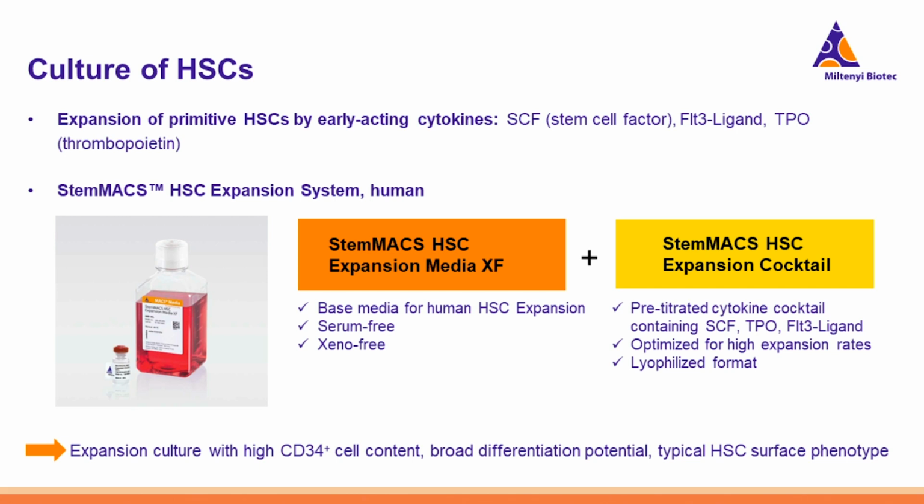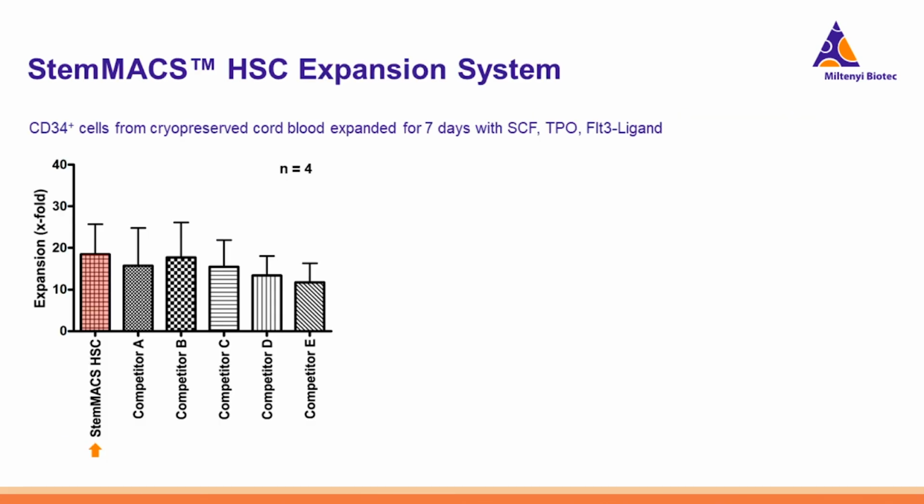Our StemMax HSC expansion system ensures high levels of CD34+ cells with a broad differentiation potential and the characteristic surface phenotype of early HSCs. Let's have a closer look at the expansion rate and the CD34+ cell count. In this experiment, CD34+ cells were isolated from cryopreserved cord blood using the CD34 microbead kit. Then the CD34+ cells were expanded for 7 days in StemMax HSC expansion media or in various commercially available alternative media.